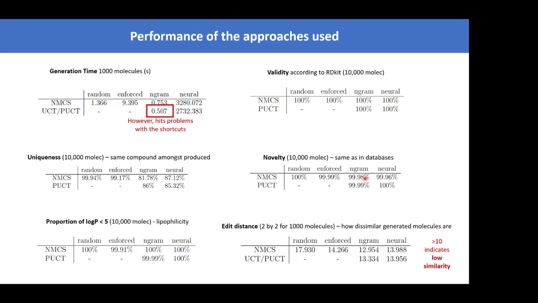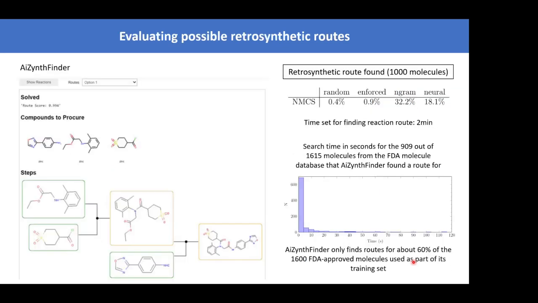They are very novel in that although we learned from the FDA to generate the n-gram, 99.98% of the molecules generated are not equivalent to molecules that do exist in the FDA. They all have a good solubility profile, and they are very dissimilar to one another. So anything above 10 shows low similarity between the compounds generated. So all this was very good.